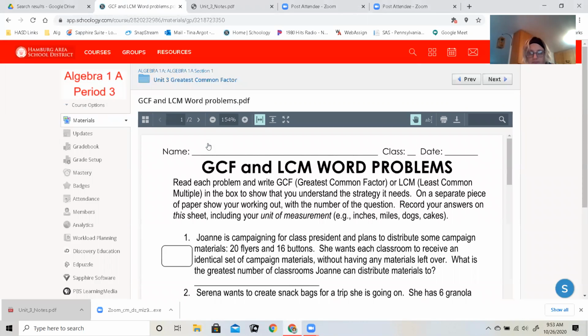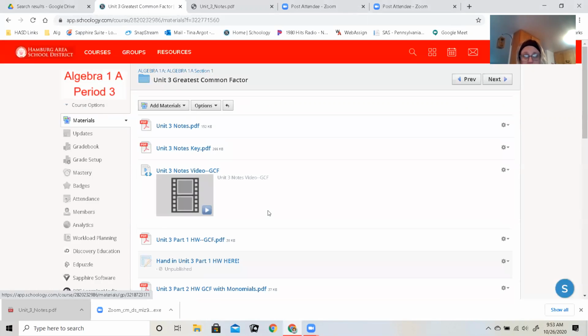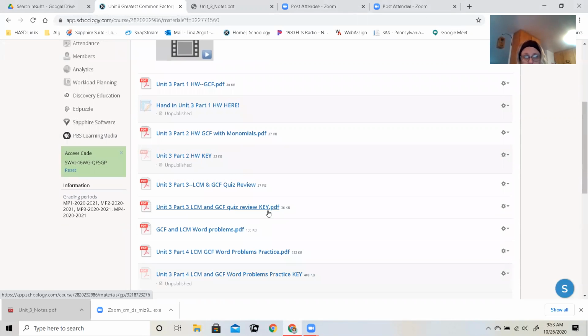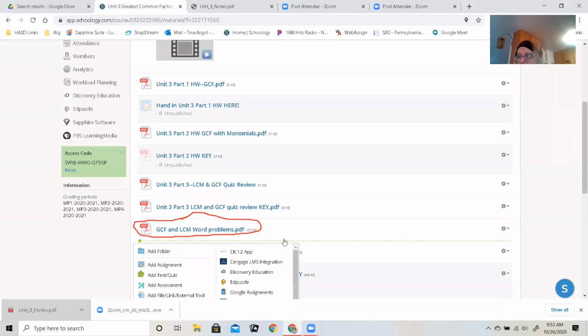Yes. All right, guys, she's going to show you on Schoology where you're going to find your homework assignment. You will be submitting these tomorrow. It says GCF and LCM word problems. So you can write them on a lined piece of paper or print this out if you have a printer.